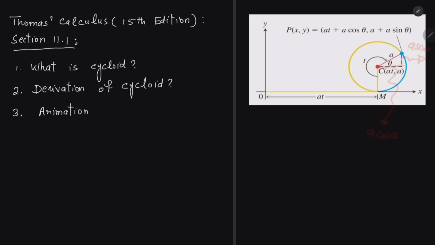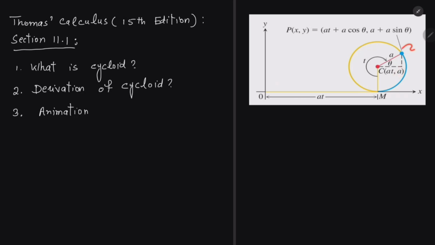Okay, so this is all we have. The center of this wheel is a circle, in fact. Since it covered a distance from the origin to this point, it is at. So we have at over here. The height of this center is a, which is over here, the second coordinate of this point. So that's what we have over here.